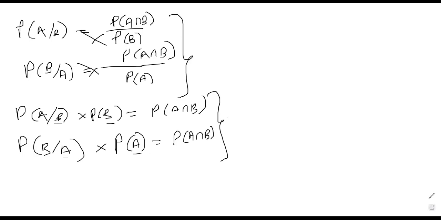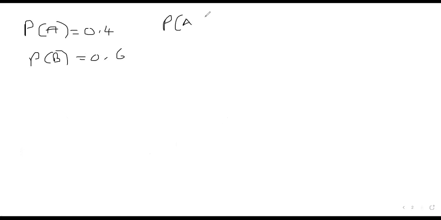Now, let me teach you how to elaborate or simplify the tree diagrams. Suppose we're told that the probability of A is 0.4, probability of B is 0.6, probability of D given A is 0.10, and probability of D given B is maybe 0.04.